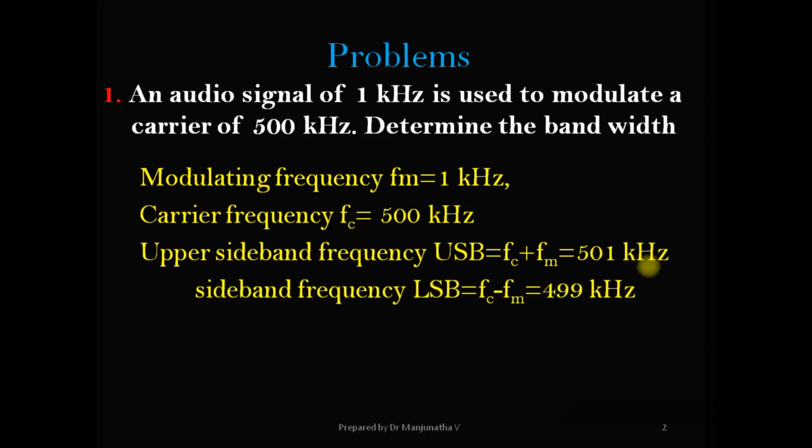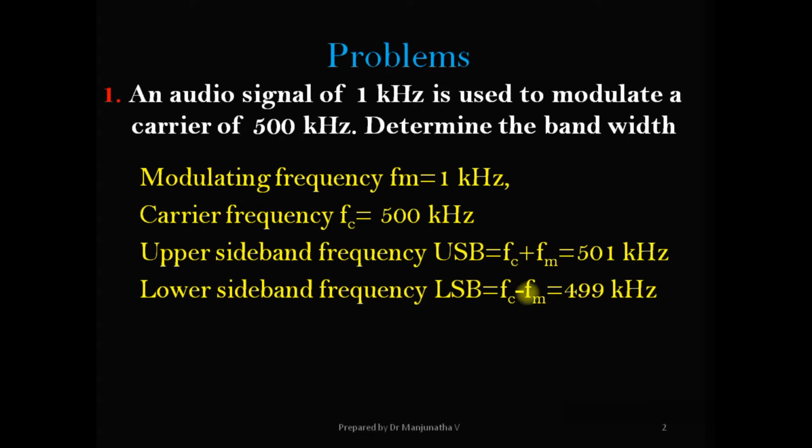And the lower sideband frequency is FC minus FM, that is 499 kHz. And the difference between this upper sideband frequency and lower sideband frequency is 2 kHz, which is the bandwidth.